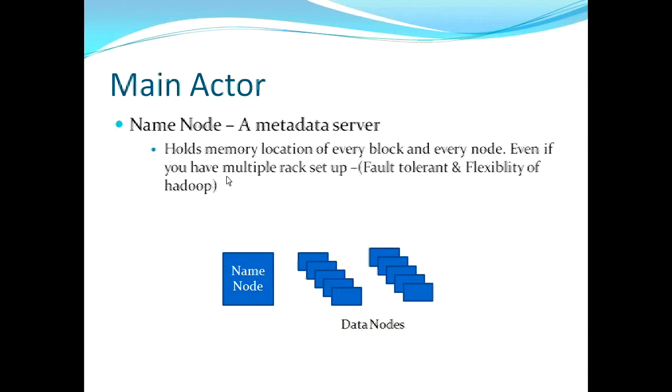All these things will be handled by the name node and the job tracker. We'll come to know about the job tracker and task tracker, which is terminology we'll use in the MapReduce environment, and the name node and data nodes are the actors in the HDFS environment. We'll slowly understand what these are.